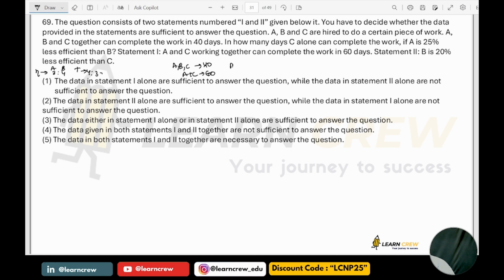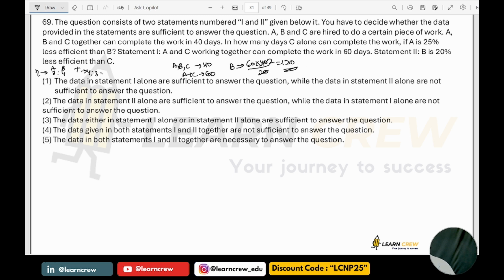So B alone can complete the work in how many days? 60 into 40 by 60 minus 40, so it is 120. If B completes the work in 120 days, then A will complete the work in 160 days.